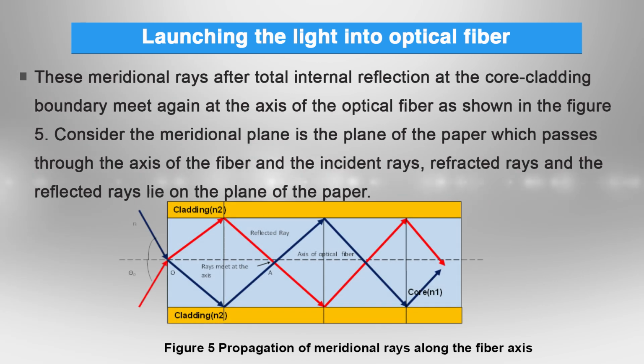These rays, after total internal reflection at the core cladding boundary, meet again at the axis of the optical fiber as shown in this figure. Consider the plane of the paper, which passes through the axis of the fiber; the incident ray, refracted ray, and the reflected rays lie on the plane of the paper.